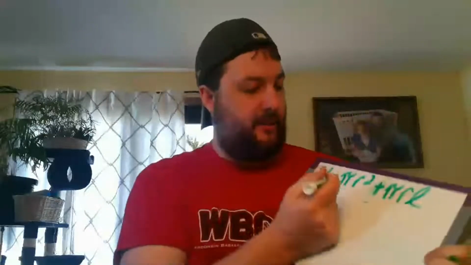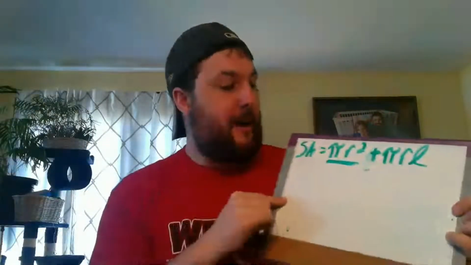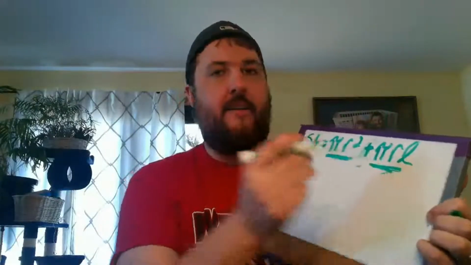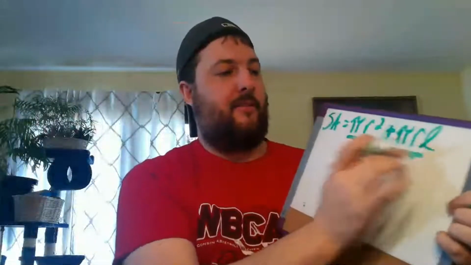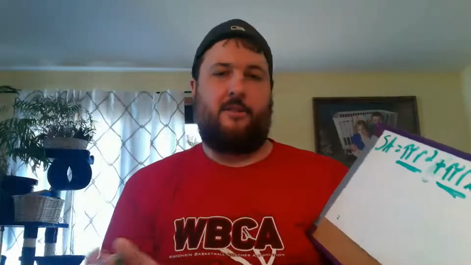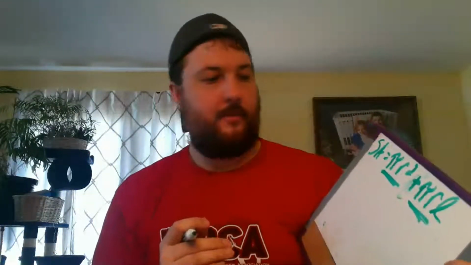This should make sense. This part here is the area of the base, the circle part, the pi r squared. And this part is the cone slanted up to a point, it's that area around the outside. So you have to find what this letter is. It's really an algebra problem.